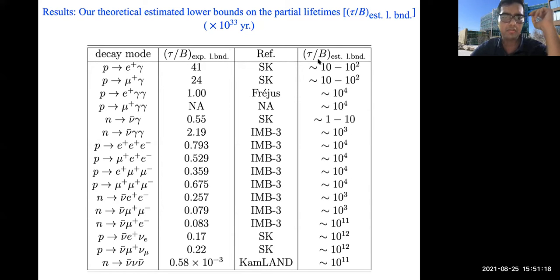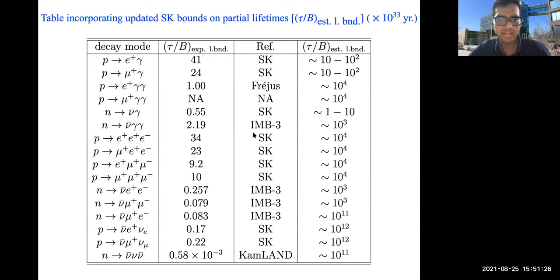And after our paper got published, Super Kamiokande improved the bounds on the modes of charged leptons. So this is the updated result, including the updated Super Kamiokande bounds on the three charged lepton final states. And as the relations are only approximate, we only note down the order of magnitude for the estimated lower bounds. So as we can see, the lower bounds are much more stringent than the current experimental bounds.